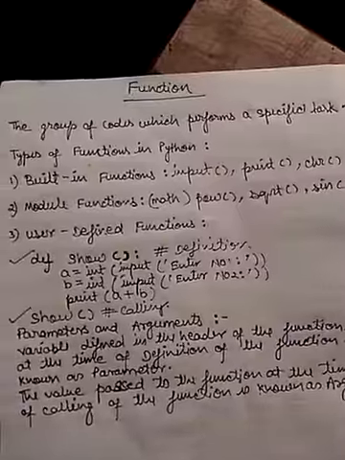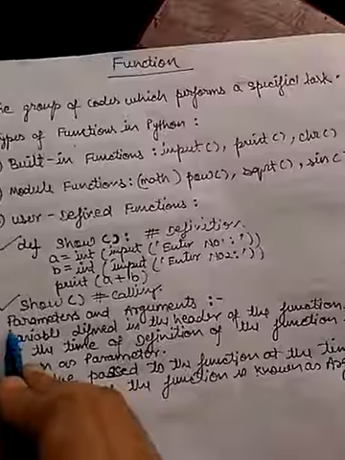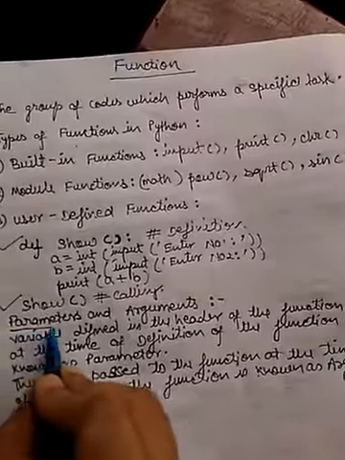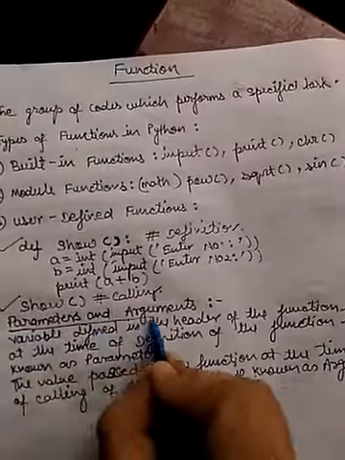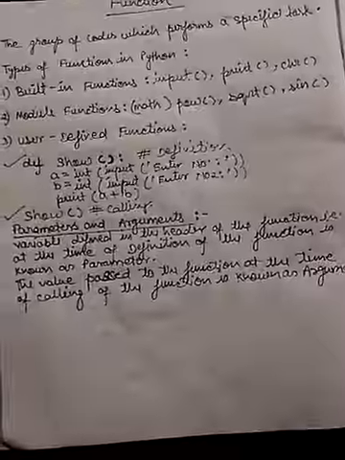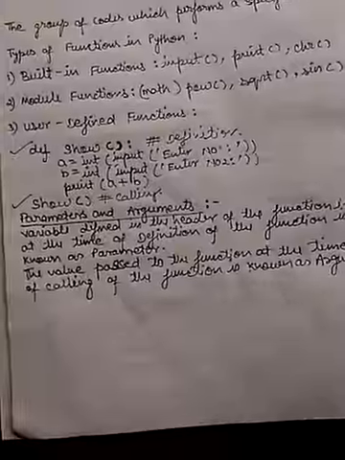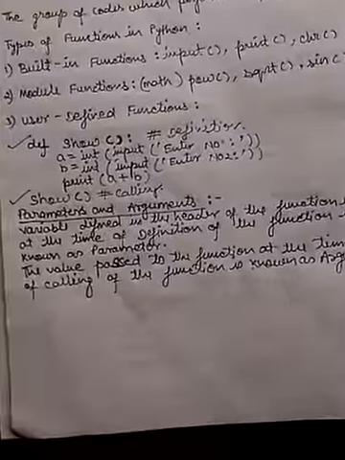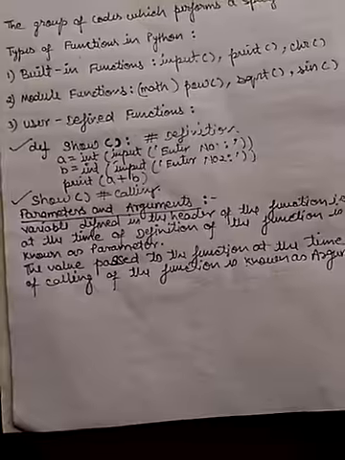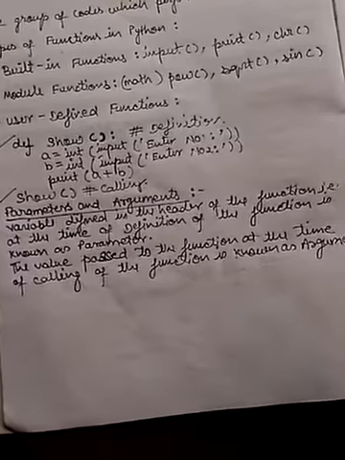Now, to define a function in a better way, first we have to learn what are parameters and arguments. The variables which are defined at the time of declaration of the function, that is in the header of the function, are known as parameters. And the value or the variable which is defined at the time of calling of the function is known as argument.